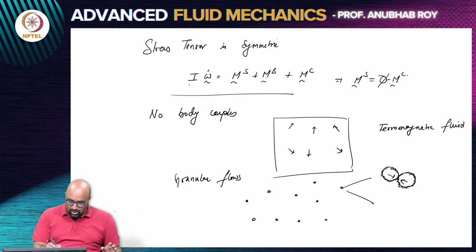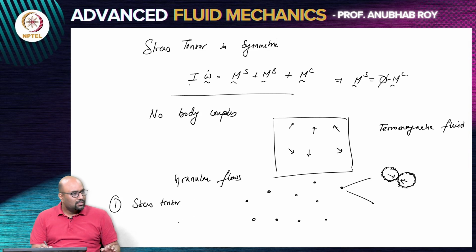So we understood two things today. One was what this object is that we keep calling in fluid mechanics a tensor, a stress tensor. We saw that a stress tensor is a quantity that gives you a force associated with a particular direction of the surface area.